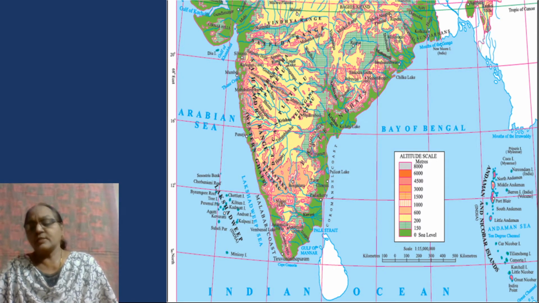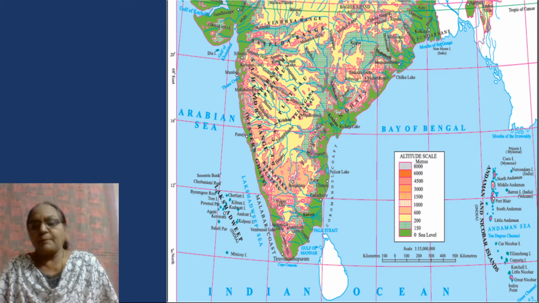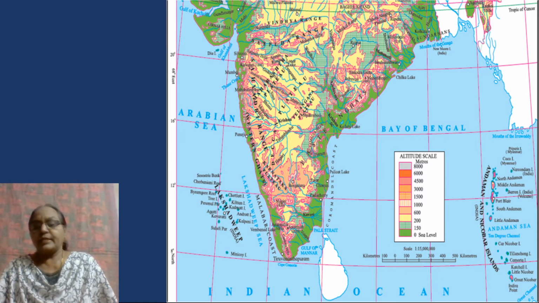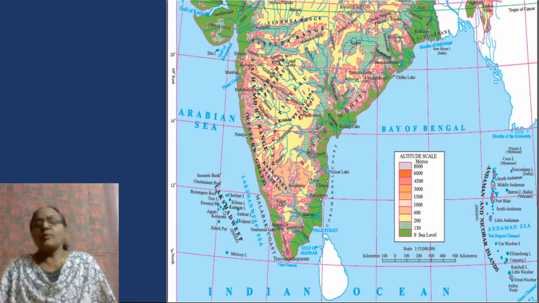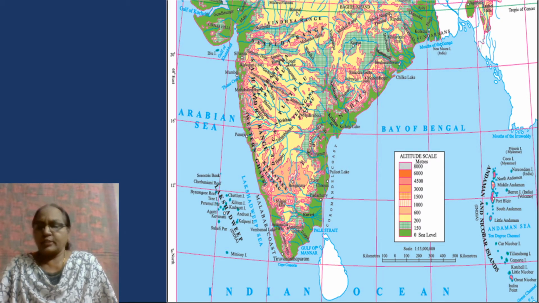Andaman Islands are bigger in size compared to the Lakshadeep Islands, and they have a hilly interior. The only known active volcano in India, that is Barren Island, is found in the Andaman Islands. Nicobar Islands are made up of atolls.